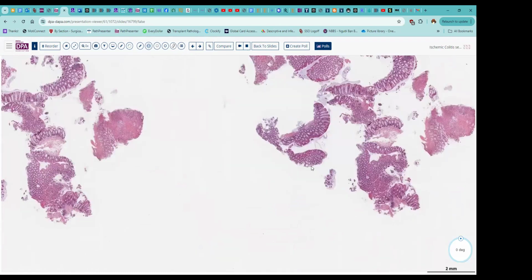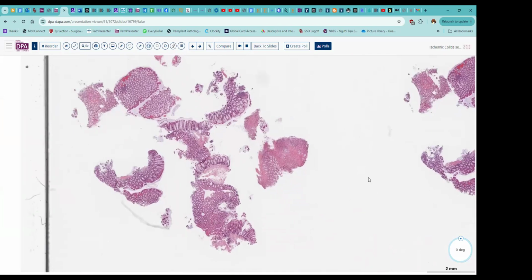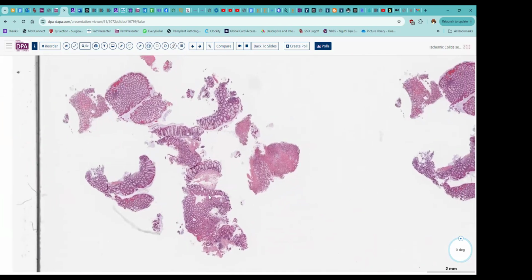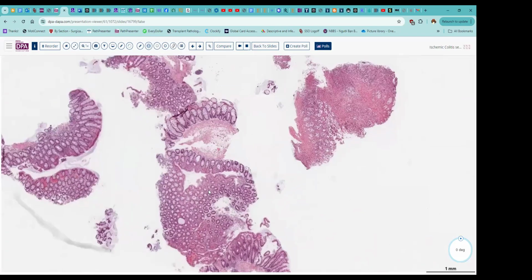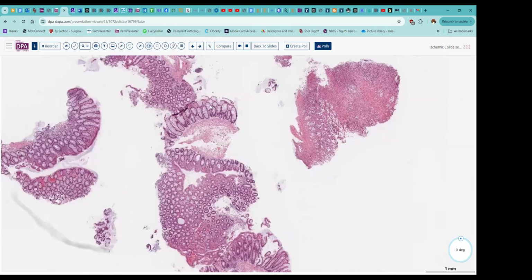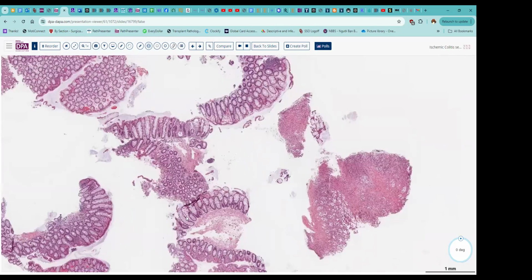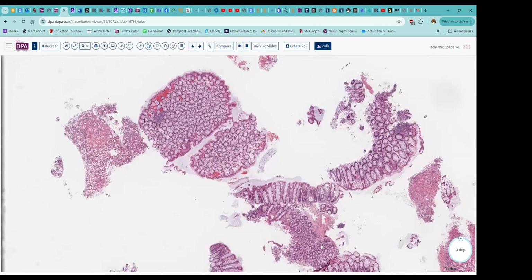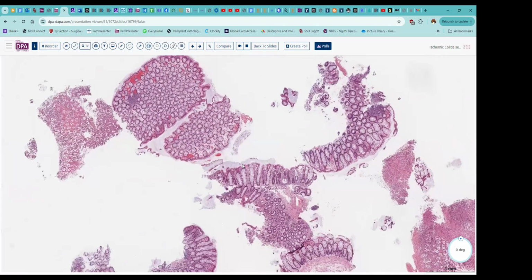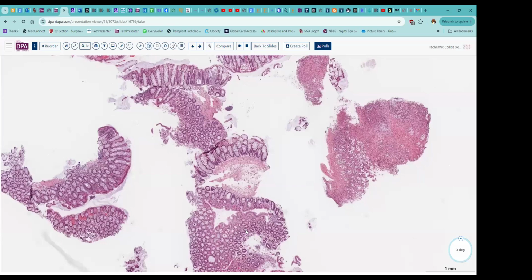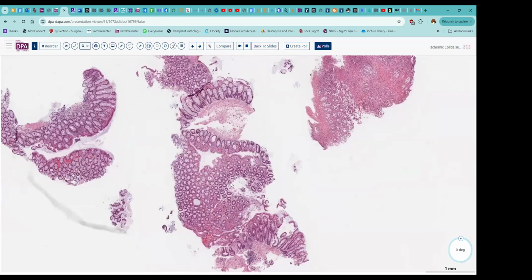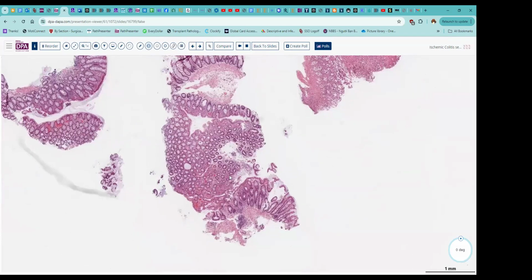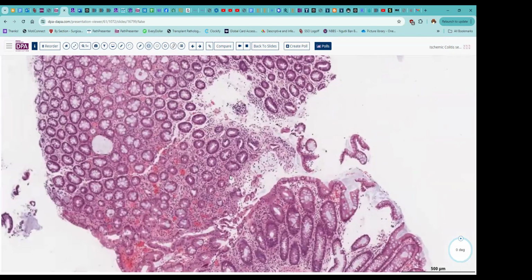And sure enough, many of the changes of ischemic colitis are what are reported with BRAF inhibitor colitis. And so most likely this is ischemic or toxigenic related type of colitis, secondary to the use of a BRAF inhibitor to treat her cancer with BRAF mutation.